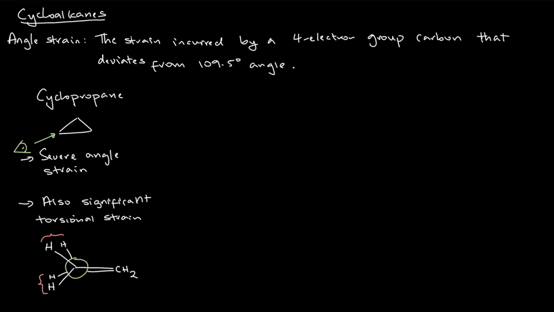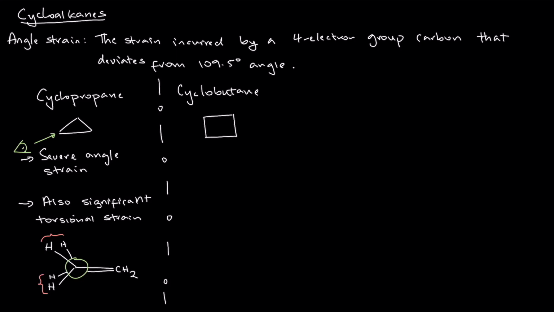So what you will see are these eclipsing CH-CH bonds, which as we know is going to incur an energetic cost. And because cyclopropane is so strained, you actually can't deviate from this. So you're stuck with these eclipsing CH bonds.